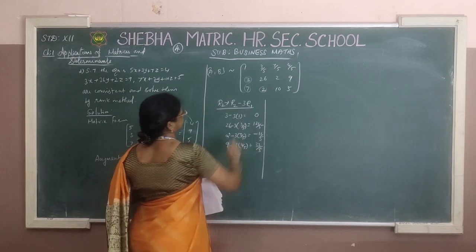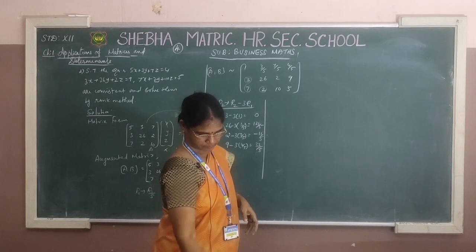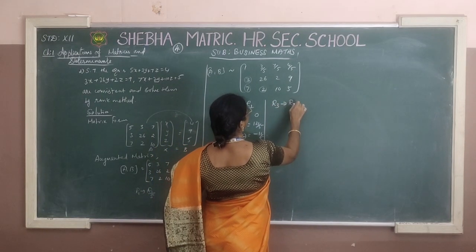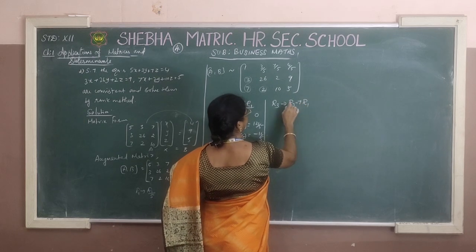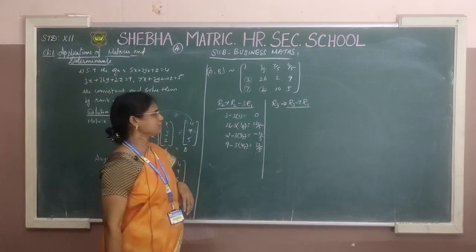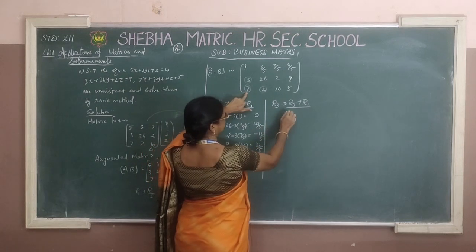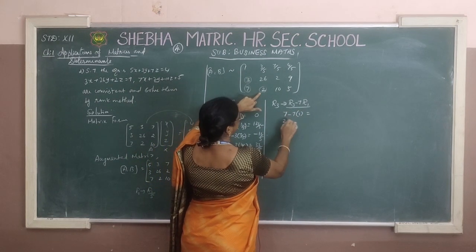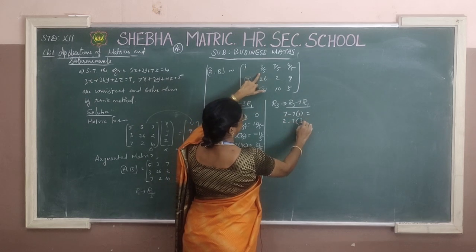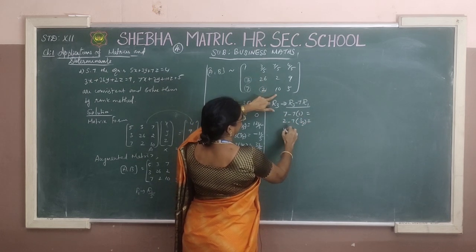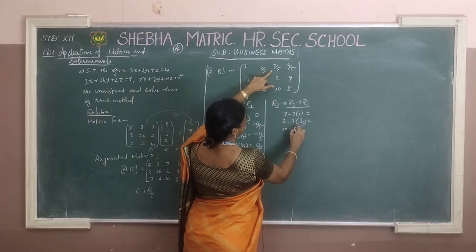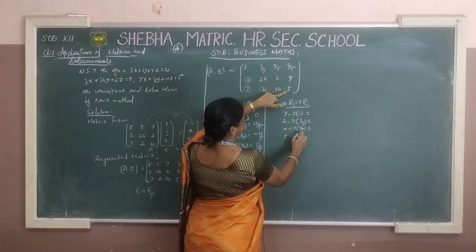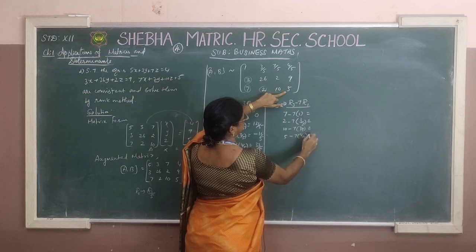Okay. The next one R3. R3 gives R3 minus 7 times R1. First write the R3 elements: 7 minus 7 into 1, then 2 minus 7 into 3 by 5, 10 minus 7 into 7 by 5 and 5 minus 7 into 4 by 5.